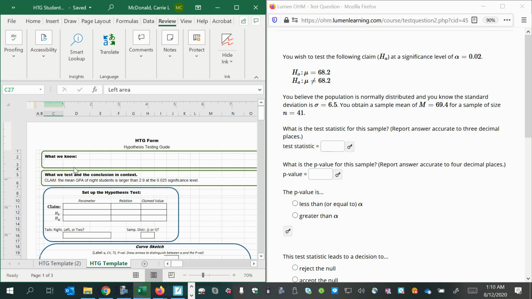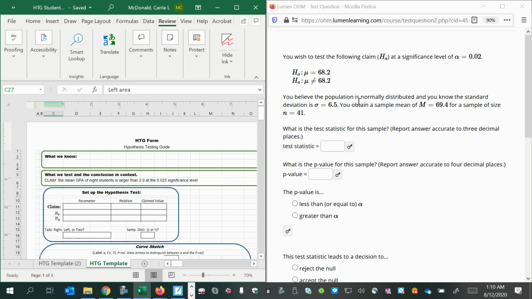All right, we are going to use the HTG form to do a claim about a mean where sigma is known. You wish to test the following claim at a significance level of 0.02. So they've given us this set of hypotheses here, and they're telling us that the claim is in the alternative hypothesis.